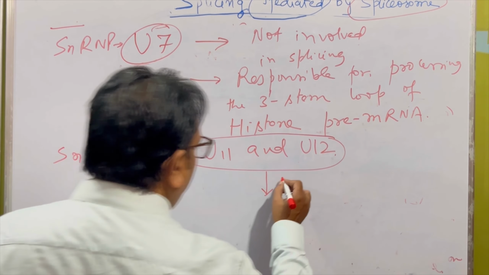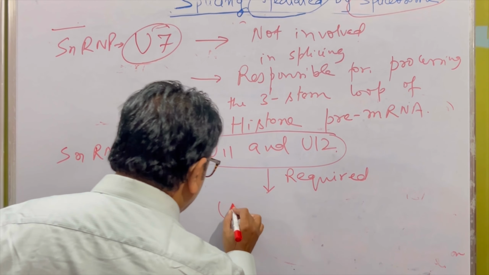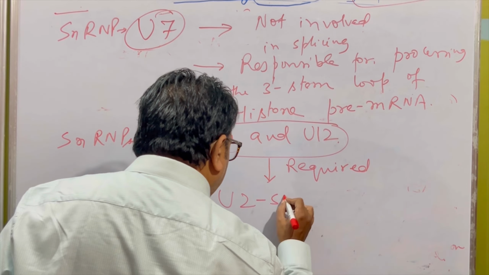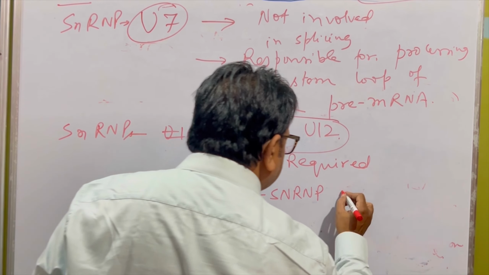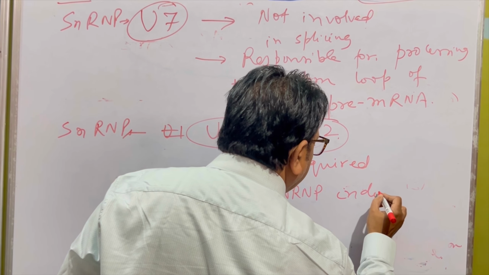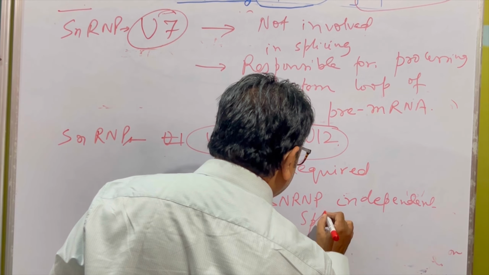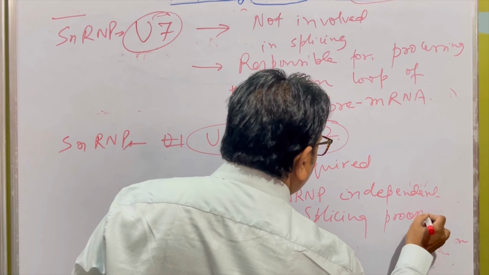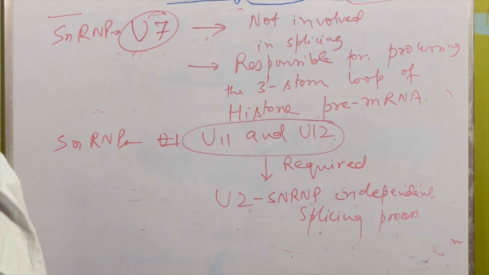So they are required in the U2 snRNP independent splicing process.